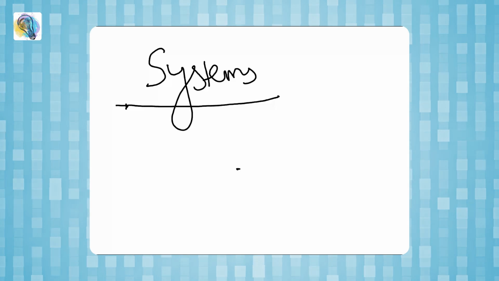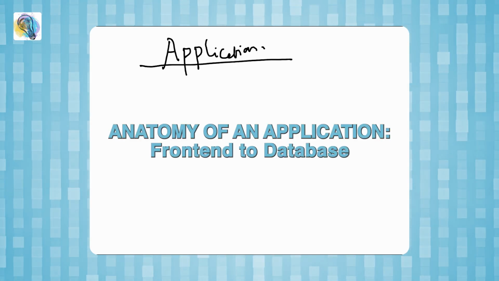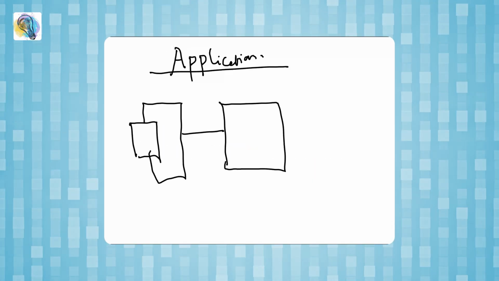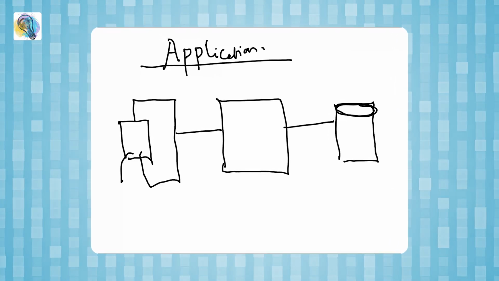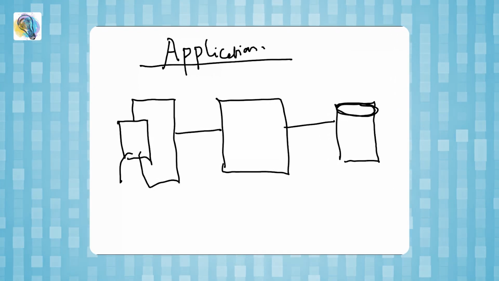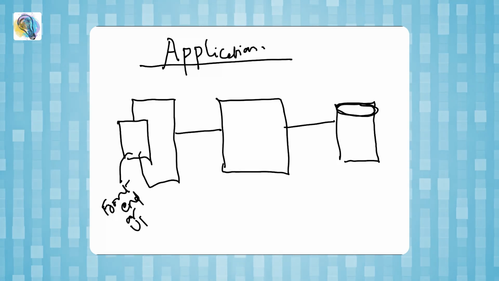Having said that, let's start with the basics of what is an application. Behind the screen, this is what is happening. This is the front end, or you can call it UI. Let me use another color.